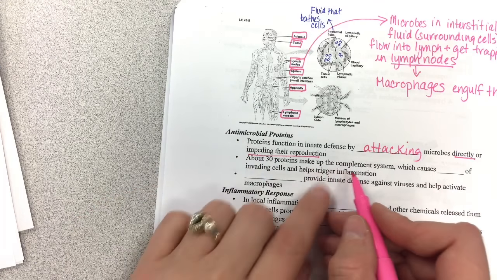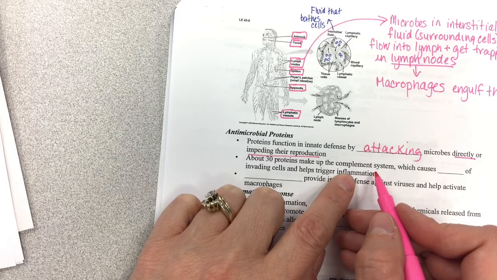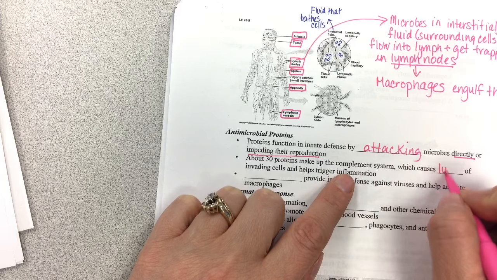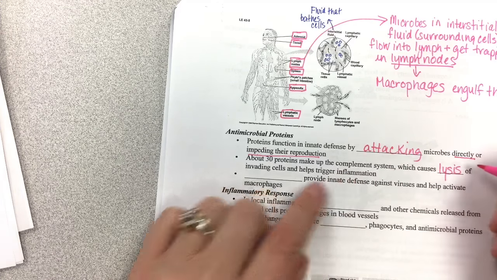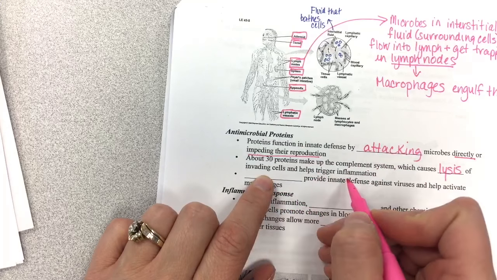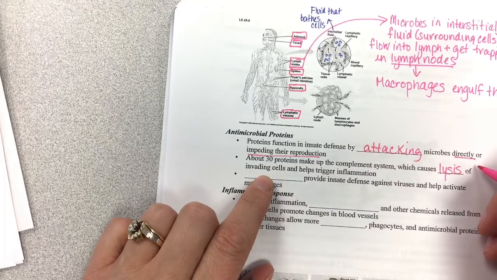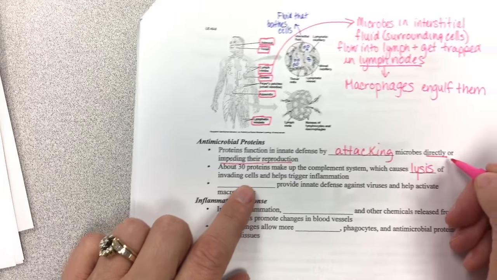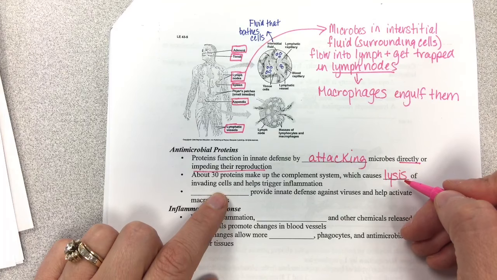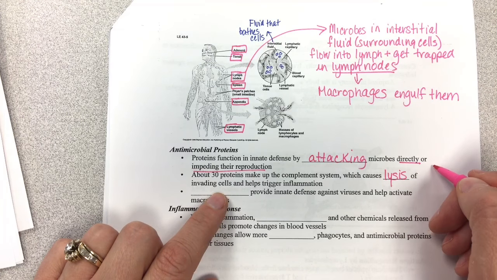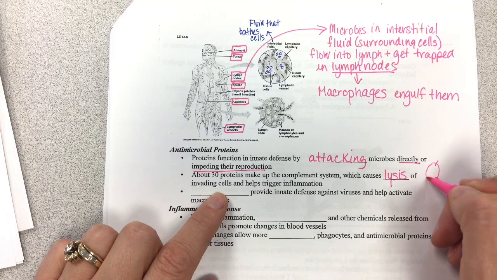About 30 proteins make up what's called the complement system, which causes lysis of the invading cells and helps trigger inflammation. Remember we talked about lysis with diffusion and osmosis: if you puncture holes in the membrane, the cell splits and all the parts go out.